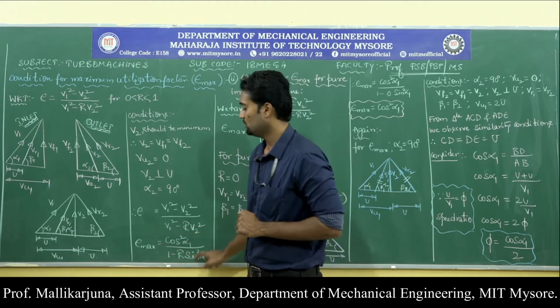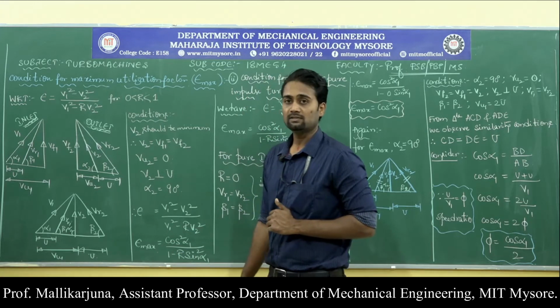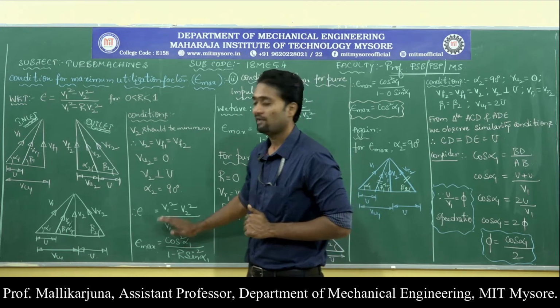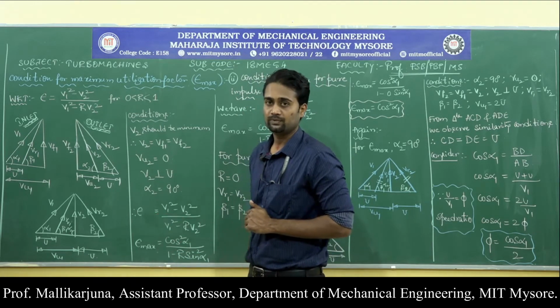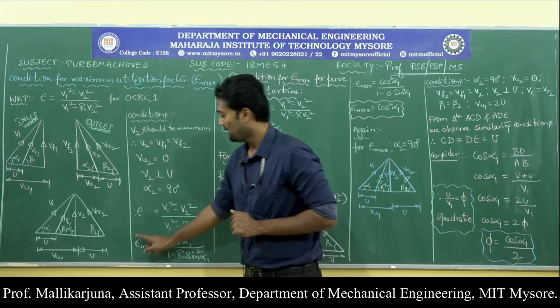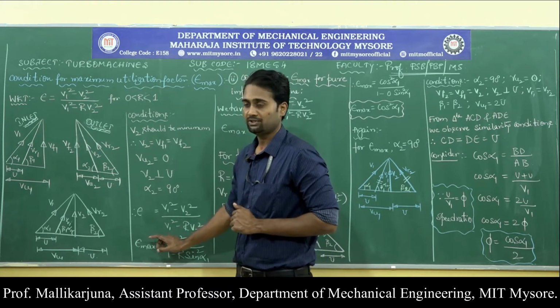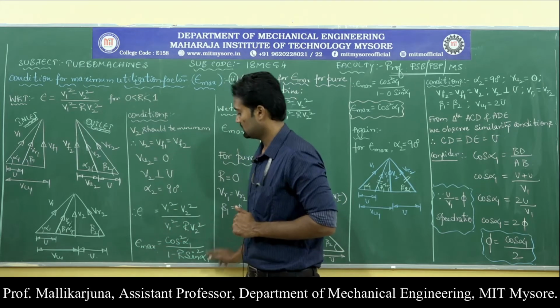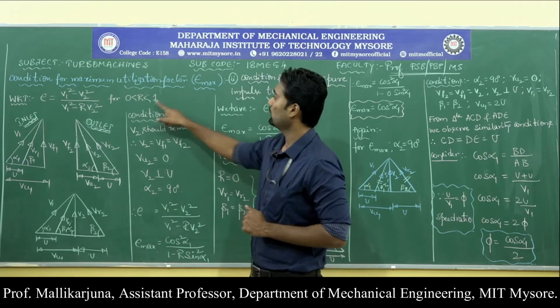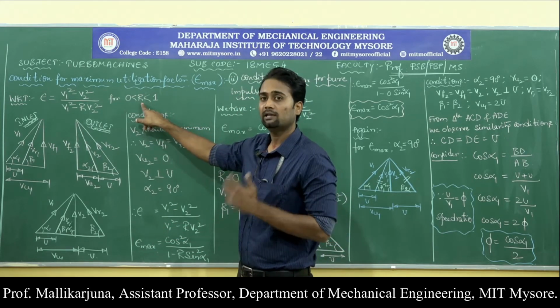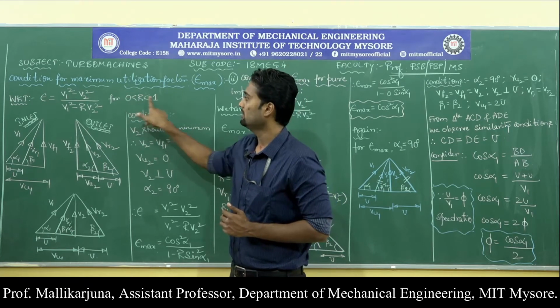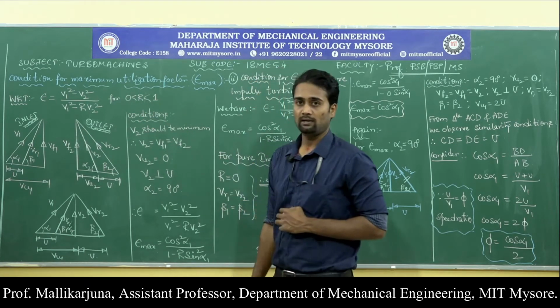This derivation you have done in the previous session, so that is why I have not derived the equation in this session. So, the maximum utilization factor equation reduces to this form for all the turbo machines whose R, I mean degree of reaction, lies between 0 and 1.